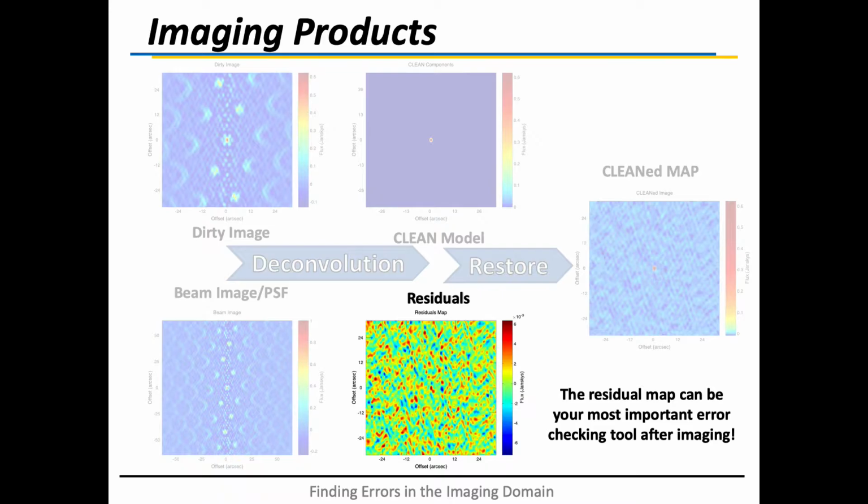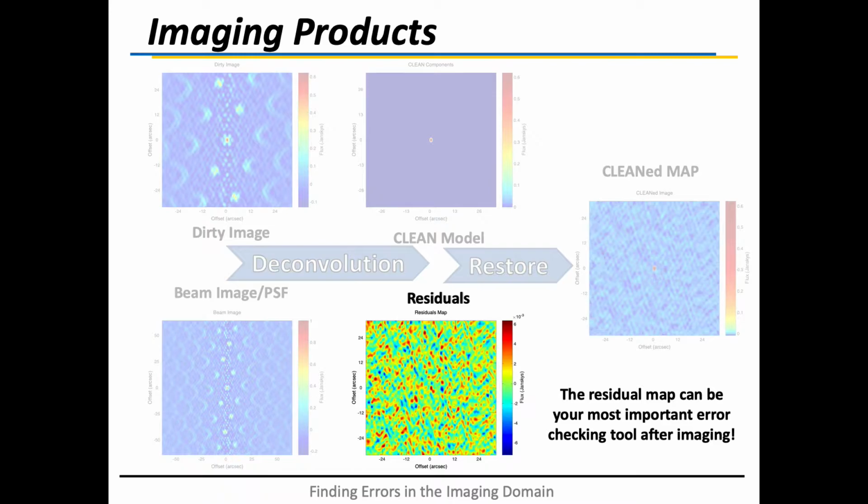When you are running deconvolution, you are constructing a model of the sky, and the residuals are telling you how good of a model you fit to your data. Similar to how you would run a chi-squared test on a model fit to a couple of data points, the residual map is your chi-squared test of how good your model fit is. That is, how well deconvolution was run on your dirty image.